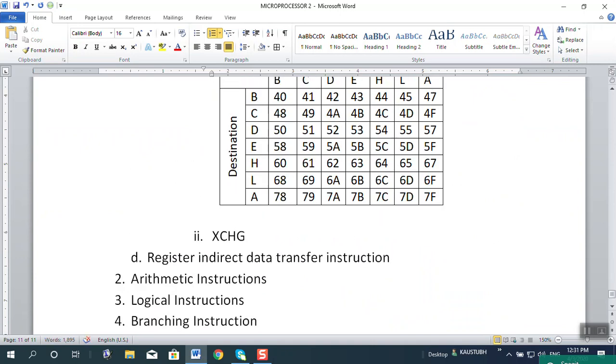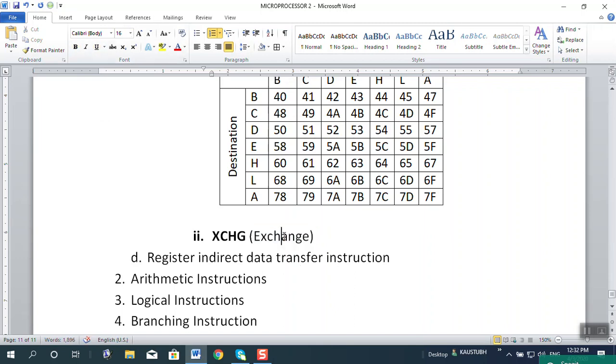XCHG. That's all. So XCHG, X meaning exchange. What to exchange?